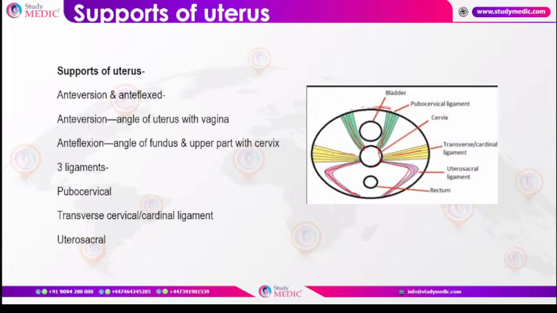As the name suggests, it arises from the posterior part of the uterus, goes posteriorly backwards, encircles the rectum, and is attached to the sacrum. This forms a very important support of the uterus. So remember, the three ligaments that help to support the uterus are the pubocervical, the transverse cervical or cardinal ligament, and the uterosacral ligament.